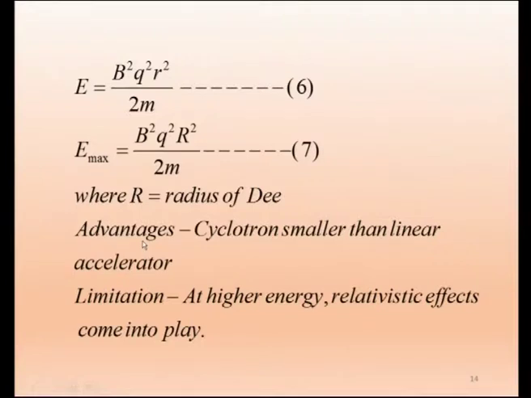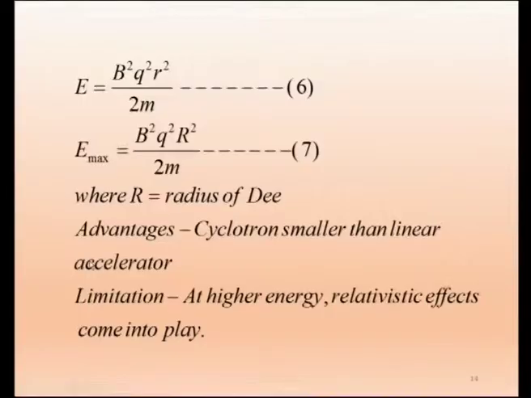The length will be increasing as 1, root 2, root 3, root 4, etc. So if you use maybe 100 pipes for a linear accelerator, the 100th will be 10 meter long. So it has to occupy a large distance. Here, instead of the particle going along a linear direction, it takes a spiral path. Therefore, naturally the size is smaller. That's what we have mentioned here.